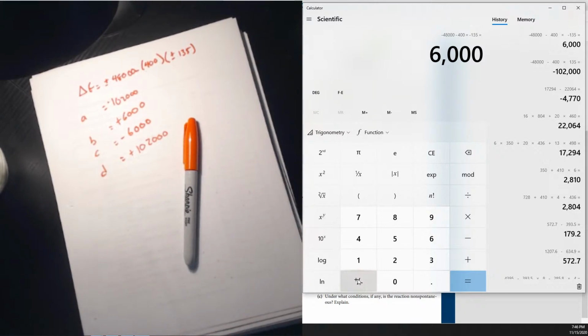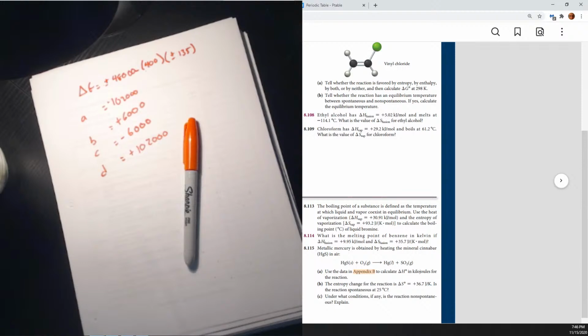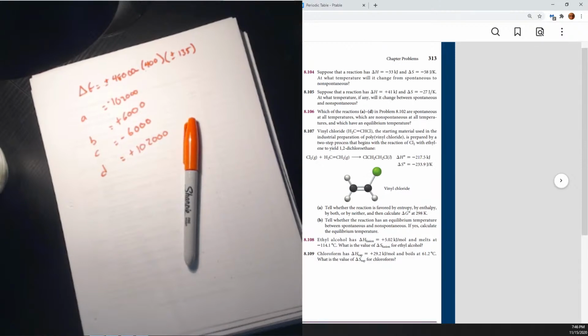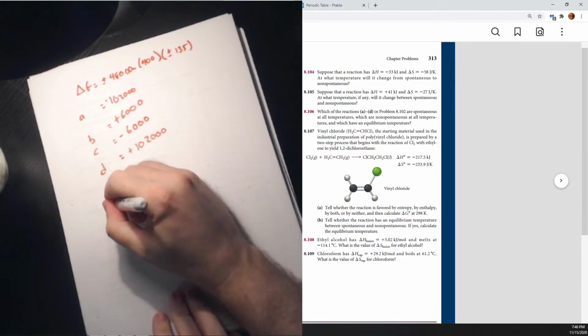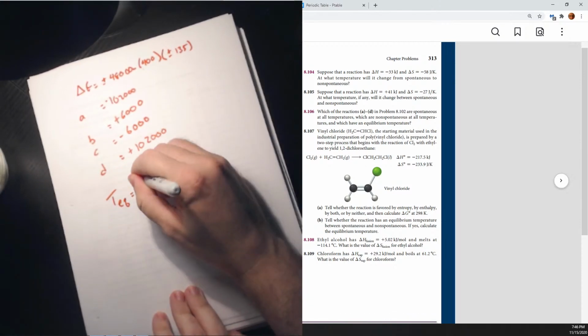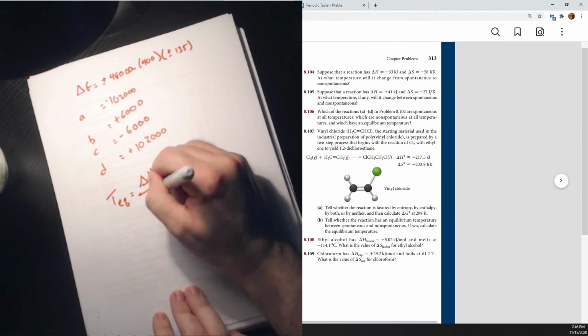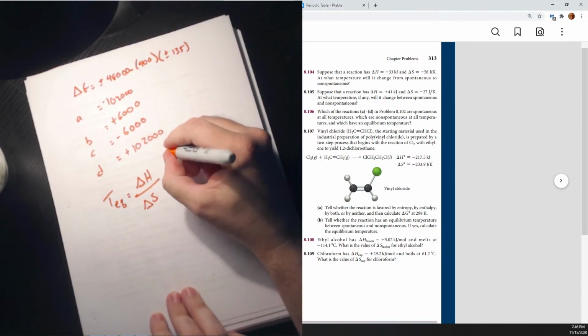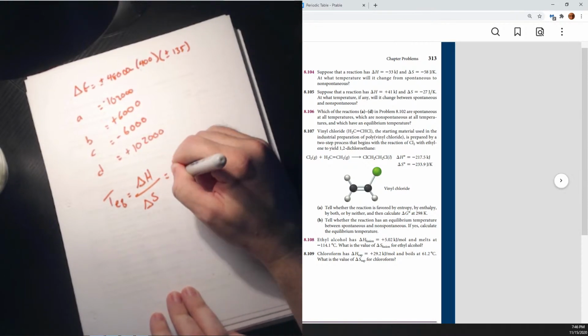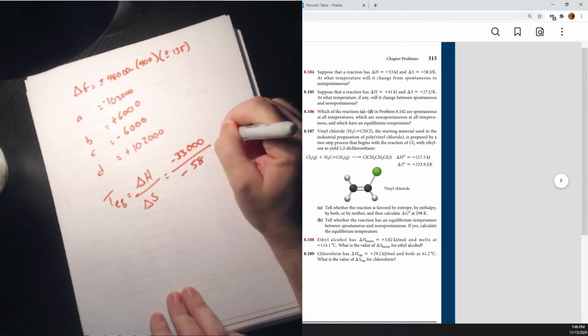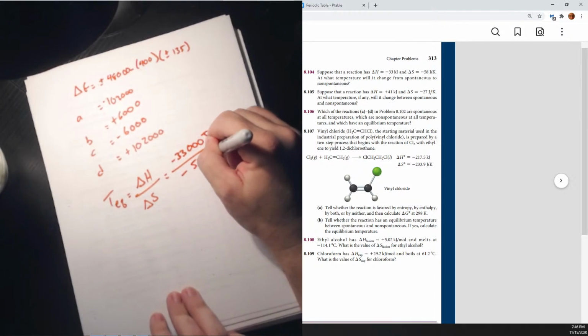Okay, so 104, then 106, and we are so close to done. Suppose that a reaction has delta H equals negative 33 and delta S equals negative 58. At what temperature will it change from spontaneous to non-spontaneous? So the equilibrium temperature, T_eq, is delta H over delta S, and that is negative 33,000 divided by negative 58 joules per Kelvin.